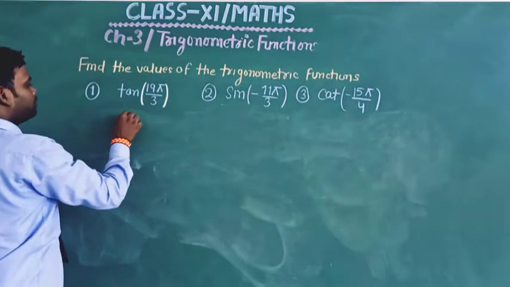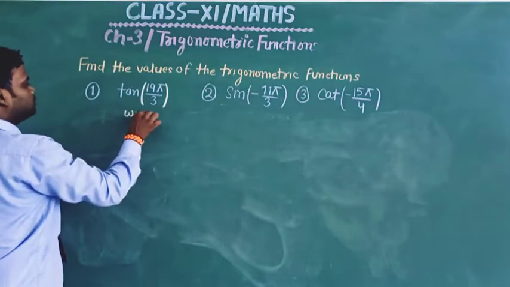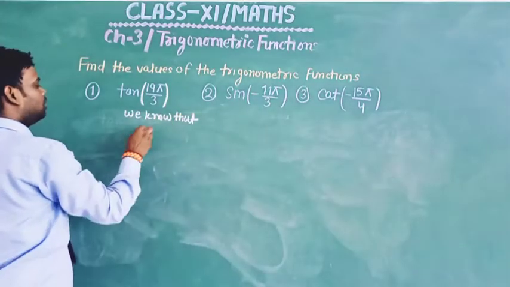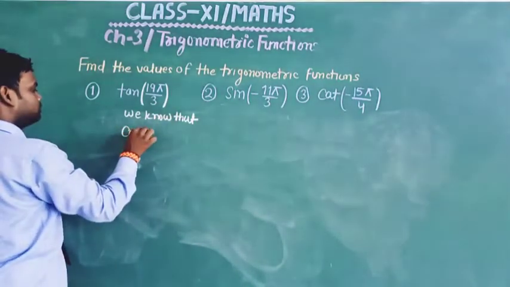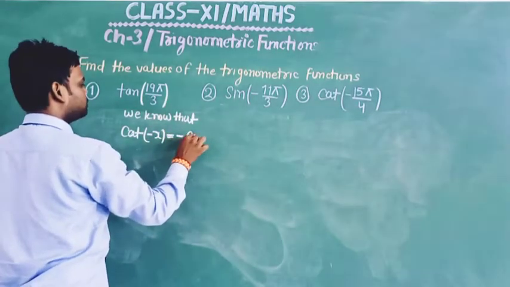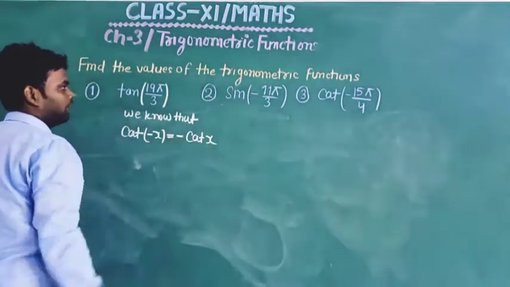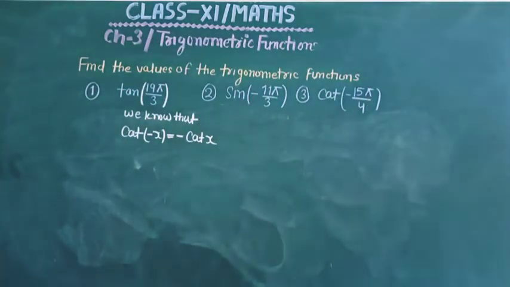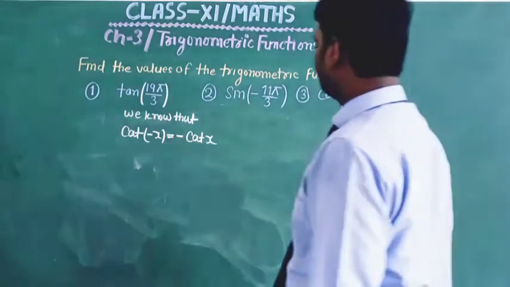So as we know that cot minus x is equal to minus cot x.